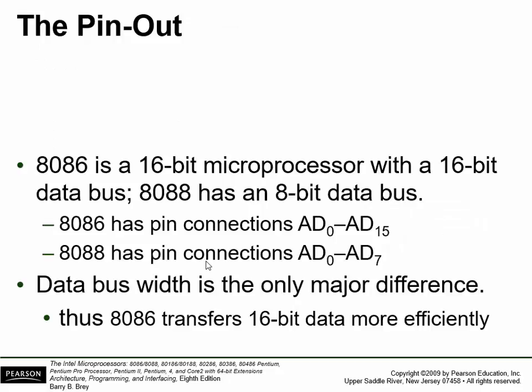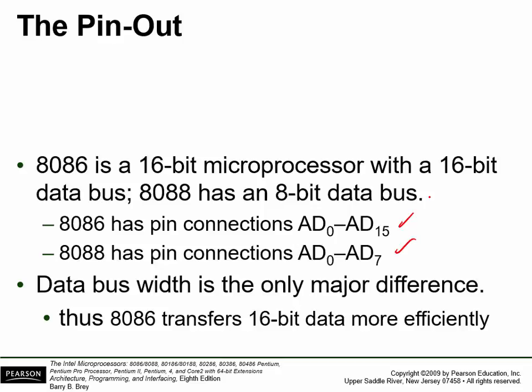The 8086 is a 16-bit processor. It has a 16-bit data bus. The 8088 has an 8-bit data bus. Those pins are numbered. When we look at the 8086, you will see that there are pins labeled AD0 through AD15, and the 8088 has AD0 through AD7.